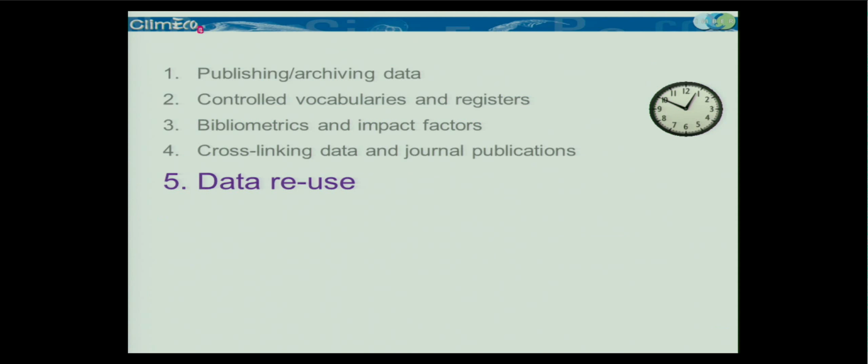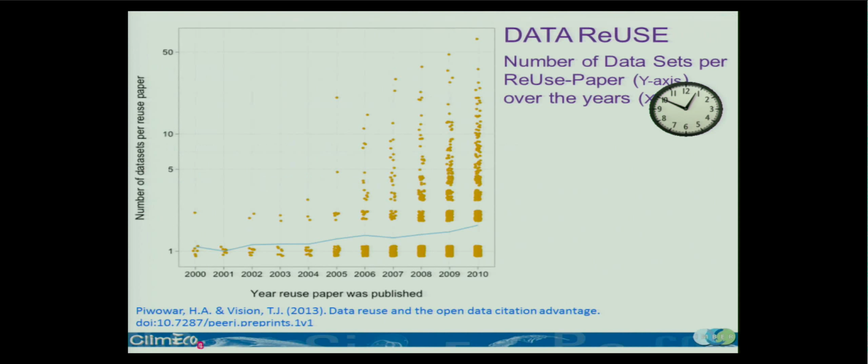Data reuse, I'll just show an example that I showed yesterday. But first, that's another graph showing, yes, that's the year of the paper publication, and that's the number of data sets per reused paper.